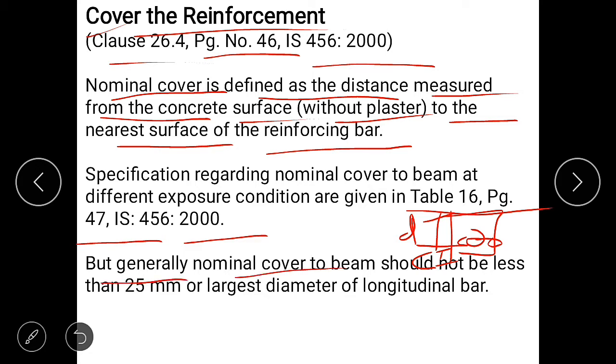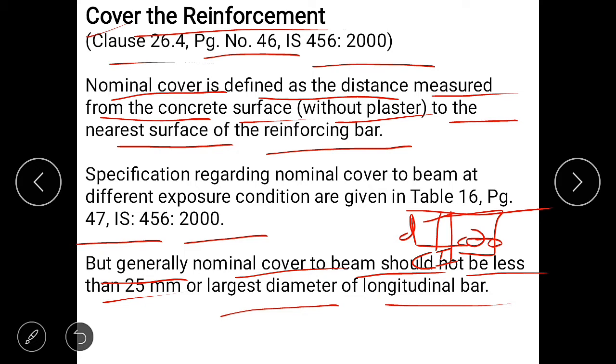But generally, nominal cover to a beam should not be less than 25 mm. By using the LSM method, the cover size is considered 25 mm or the larger diameter of the longitudinal bar. If the longitudinal bar diameter is given, use that diameter as the cover.